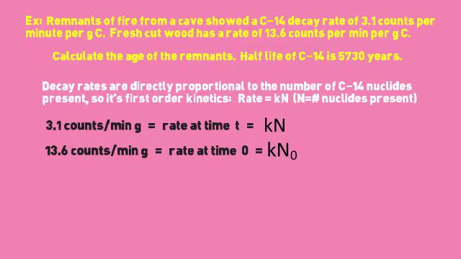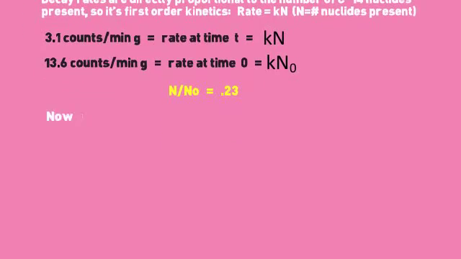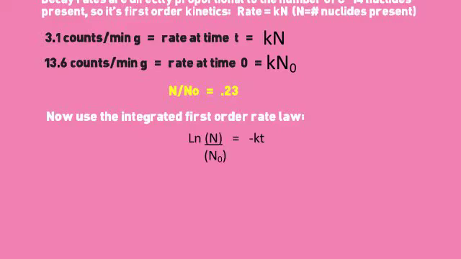If you can, divide those so we can get a number, N over N0. That equals 0.23. Now let's go to that integrated rate law. Well, the first order rate law. And that is, do you remember? The natural log of N over N0 equals negative kt.